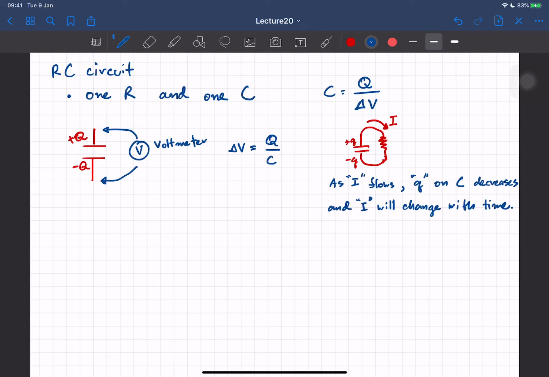So if Q on C decreases, then the voltage across the capacitor also changes. Unlike a battery like this. So for the battery, delta V is fixed. So I, the current, does not change with time.